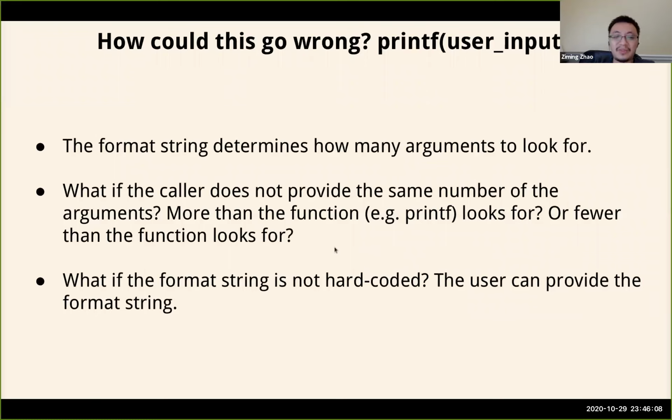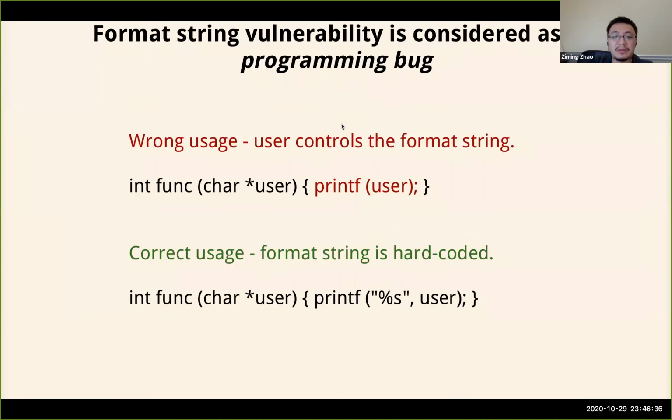So one of the terrible or wrong usages of this is you just take a user input and use that user input as the first argument. Obviously that argument will be treated as a format string. If you just use regular characters in that argument, then printf will just print them out. But if you have a percentage sign, printf will treat that as a format specifier.